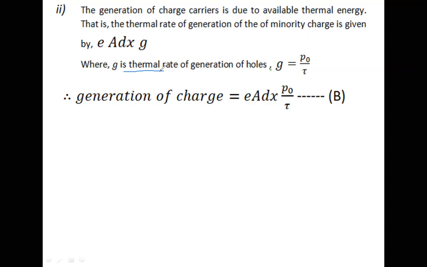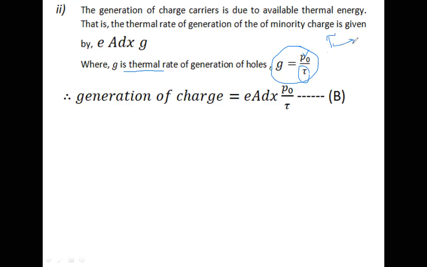within your semiconductor. For example, here I am considering the thermal generation of holes, that is represented, the rate at which the generation of holes is taking place is given by G, and it is nothing but P naught by tau. What is this P naught by tau? It is very simple. P naught represents the number of holes that are created in a time of tau. That means what? I am considering a time that is tau, general time tau.